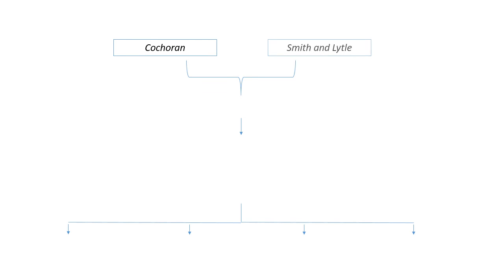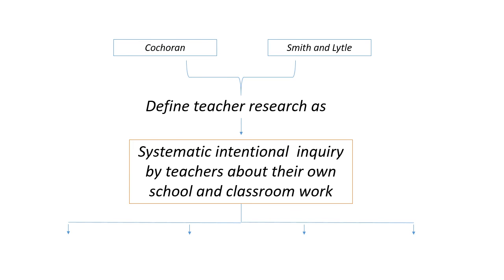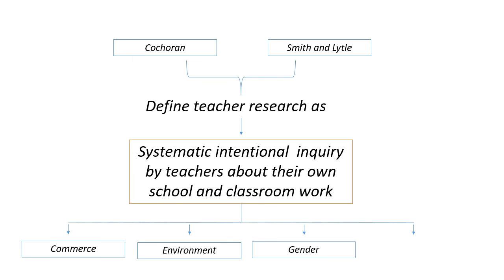Other authors' positions, like Cochran-Smith and Lytle, define teacher research as systematic, intentional inquiry by teachers about their own school and classroom work. Here we have some of the components: commerce, environment, gender, and finally language.